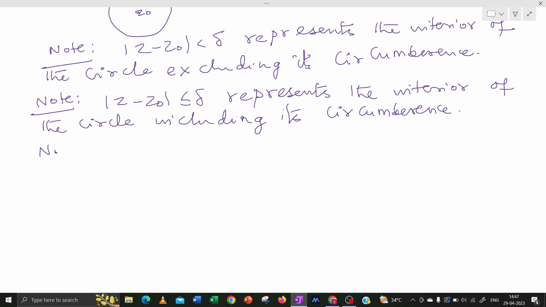In case mod z minus z naught greater than delta, it represents the exterior of the circle.